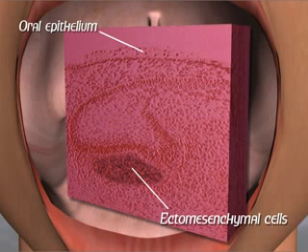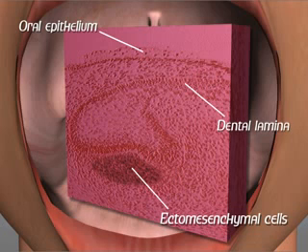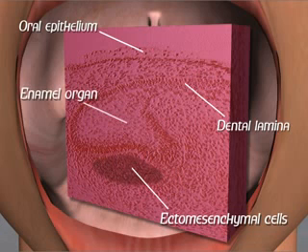As the tooth bud grows larger, it drags along with it part of the dental lamina. The epithelial outgrowth, which superficially resembles a cap sitting on a ball of condensed ectomesenchyme, is referred to as the dental or enamel organ. This will eventually form the enamel of the tooth.